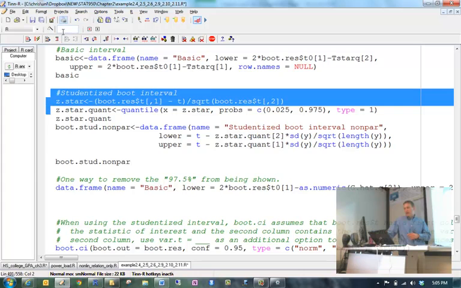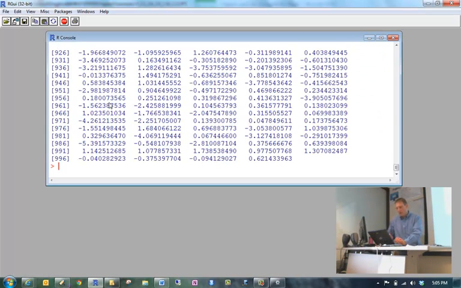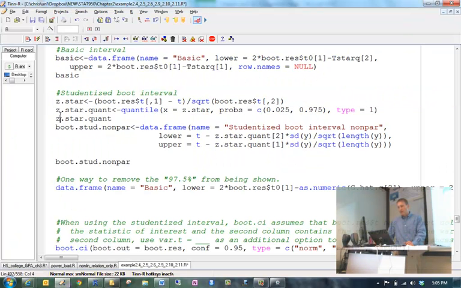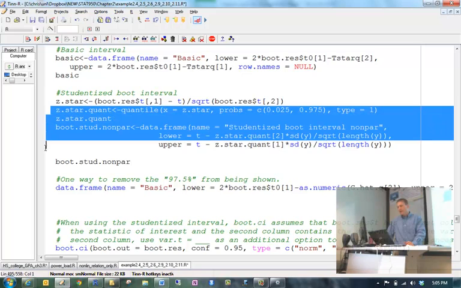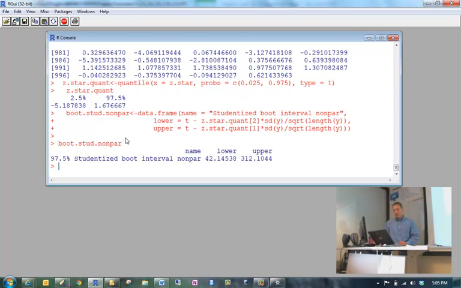So if I do that, here's my Z stars. You can find the quantiles using the quantile function, and then simply program in the corresponding formula into R to find the interval. 42.14 and 312.1.